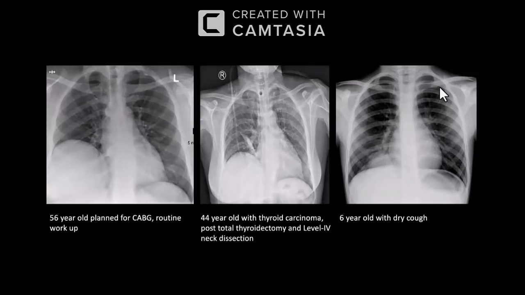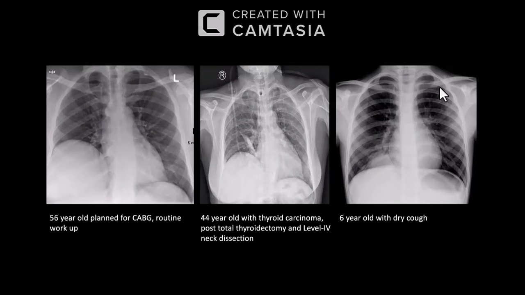Okay, next. So, three cases, probably you can describe the three cases. The first one is a 56-year-old patient planned for CABG, for routine workup. I can see elevation of the right hemidiaphragm, significantly above the level of the left.